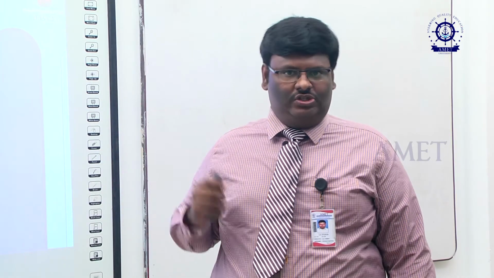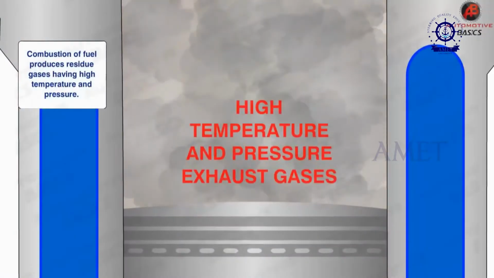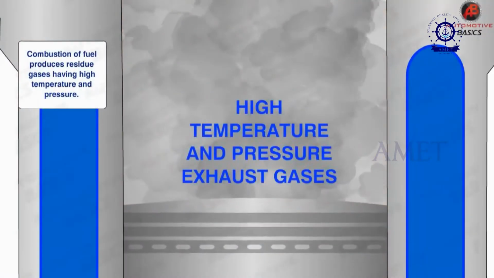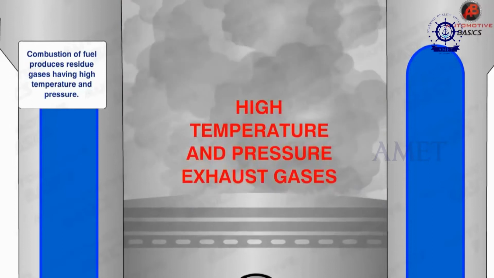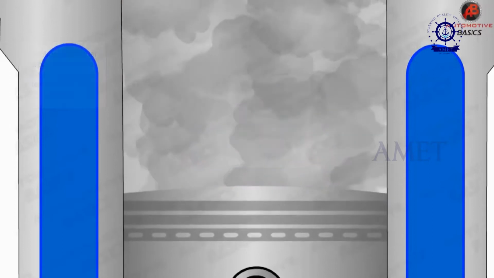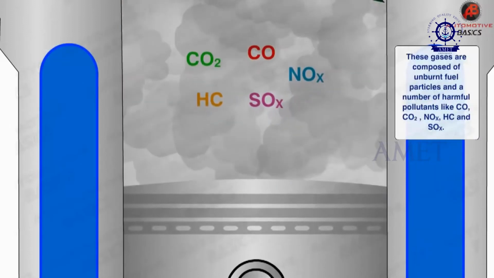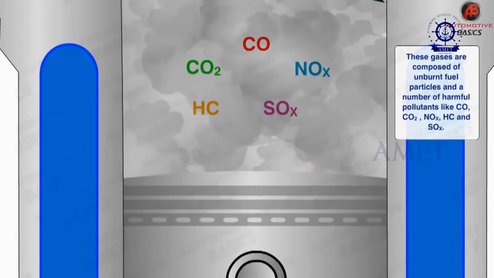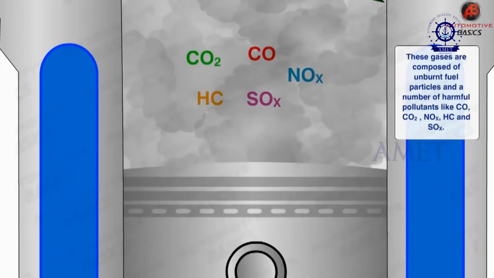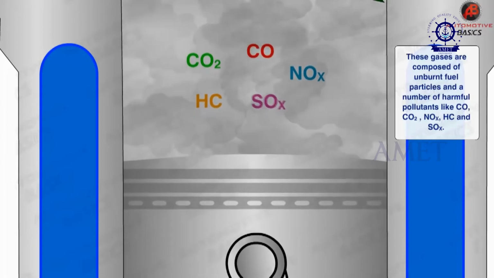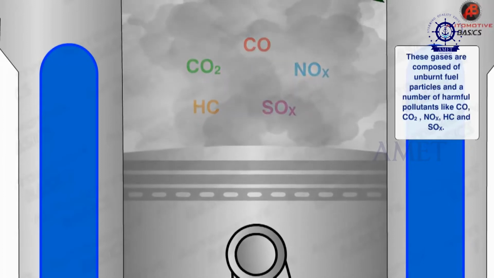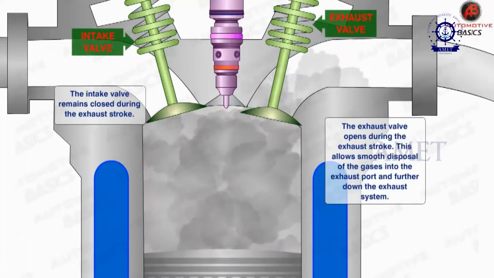Coming to the fourth stroke, by the end of combustion you have exhaust gases and unburnt fuel particles inside the engine. They have to be sent out. For sending them out, the piston moves from bottom dead center to top dead center, thereby pushing the exhaust gases as well as the unburnt fuel particles to the outer atmosphere.